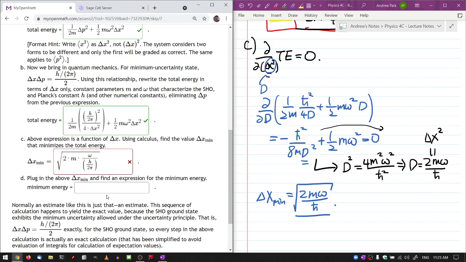Did I miss something? Let's see here. I think I'm okay up to here. D squared is 4m squared omega squared over h bar squared.